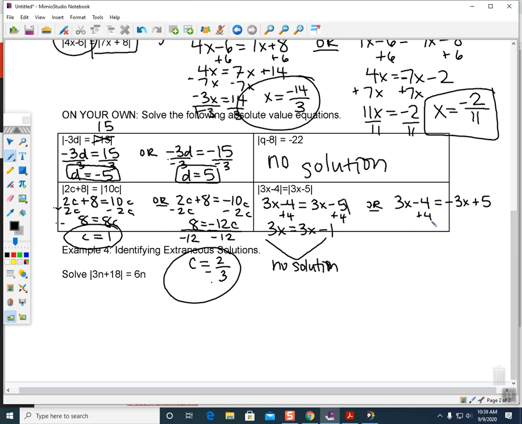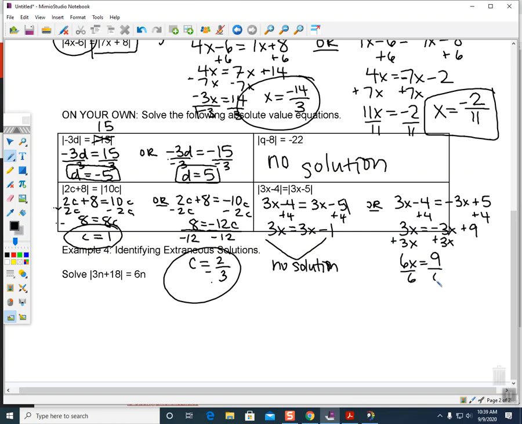But I can work with this next side, right? So I'm going to add 4 to both sides. 3x equals negative 3x plus 9, right? I can add 3x to both sides. I'm left with 6x equals 9.